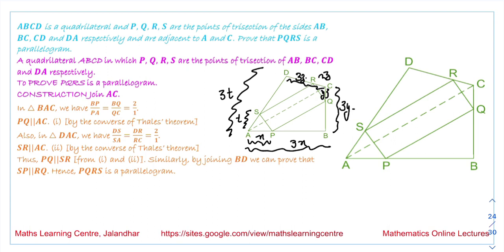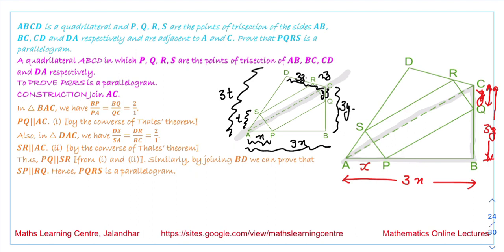So to prove this, we have done the construction and we have joined these points A and C. Now if we look at the triangle ABC, in this triangle, this is X and this whole is 3 times X. This is Z and this whole is 3 times Z. This is Y, then this whole is 3 times Y. So what we get is that these 2 lines PQ and AC are parallel to each other by basic proportionality theorem.